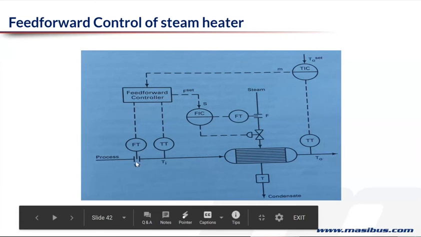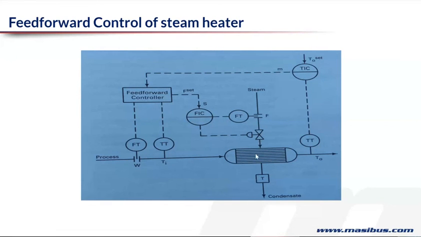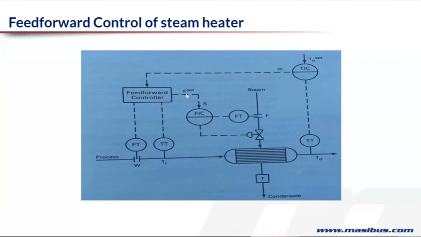I know that when the flow increases, it will suck more heat out of this heater, so I need to increase the steam also. Similarly, if I feed the input at a higher temperature, I require less heat from the steam. So I feed that information also in the feed forward.